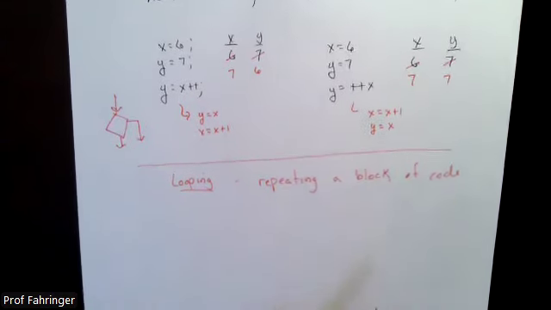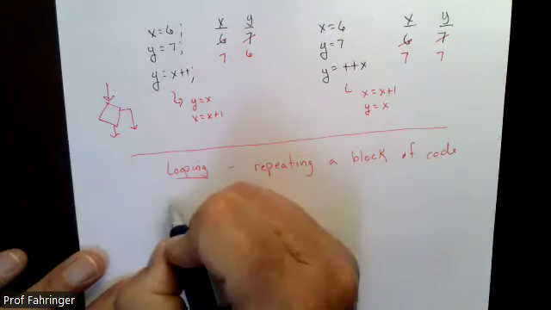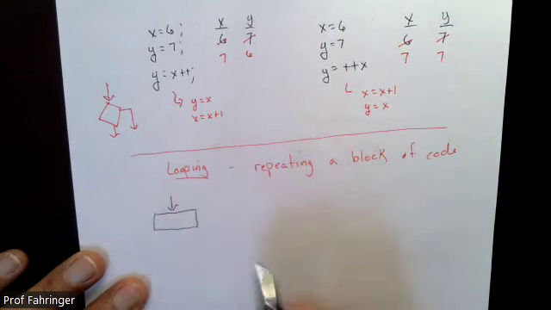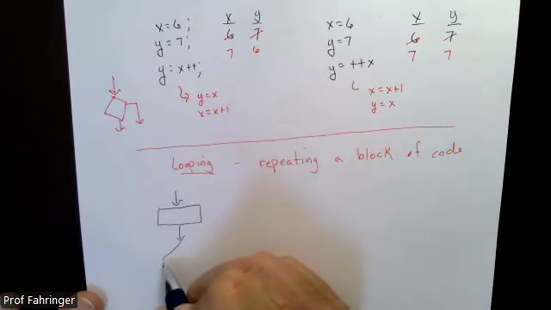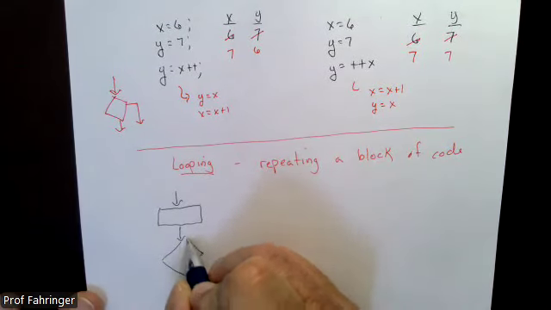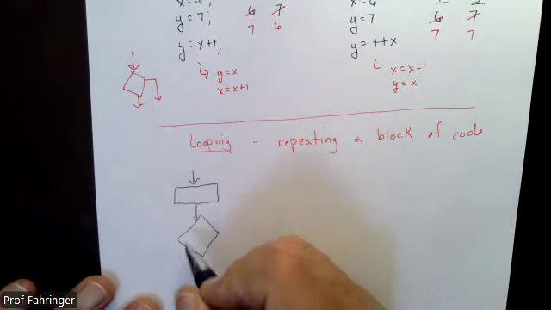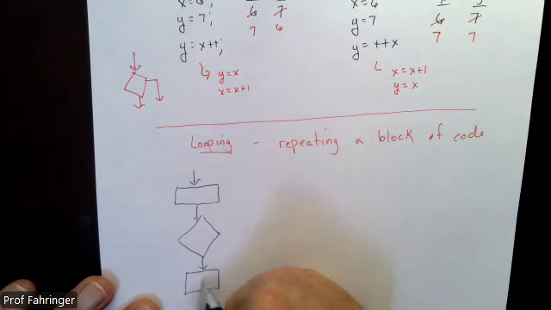Well, now we're going to get into something called looping. The way we're going to work is we're coming down in our program. We hit a block where there's some code going on. Then we hit a decision statement. Something might happen with this decision statement, but we're going to come out and maybe go here.